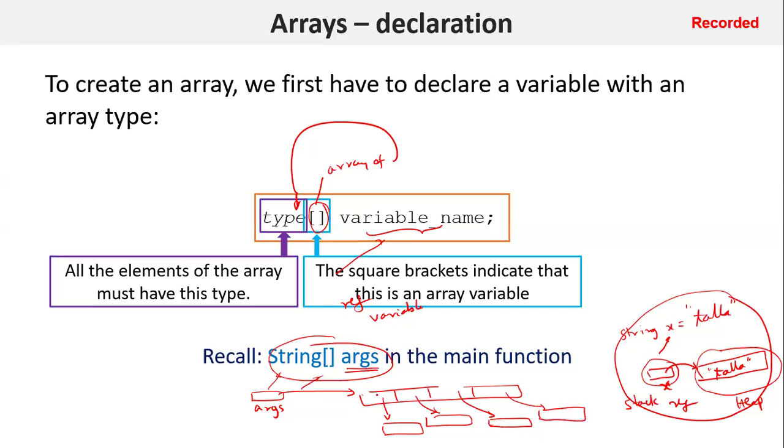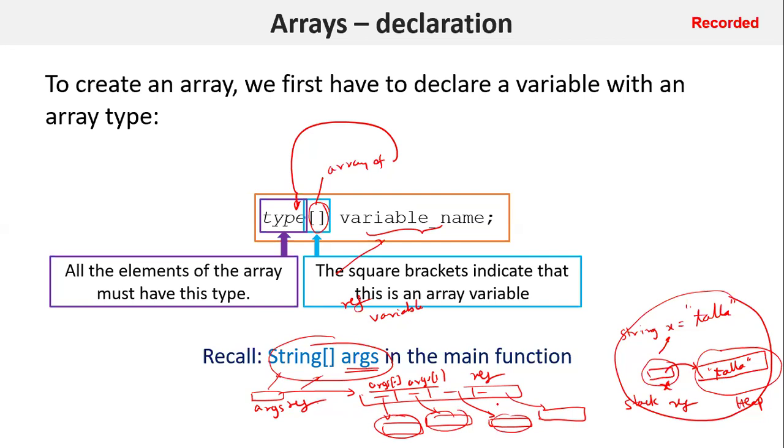So if you keep four strings, for example, args[0], args[1], args[2], args[3], each one is a reference again. All these are references. This itself is a reference. So now the real strings are here.